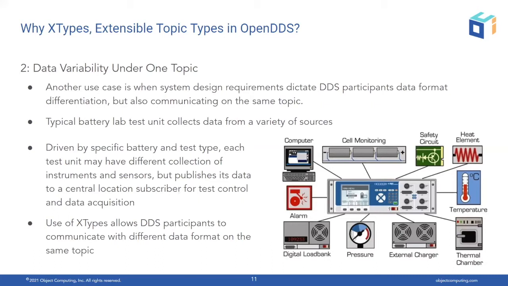Some other units may use optional instruments like AC impedance meters. So the data format from each test unit is potentially different, but the centralized lab control station has to receive and process them under the same topic. So this cannot be done without XTypes.